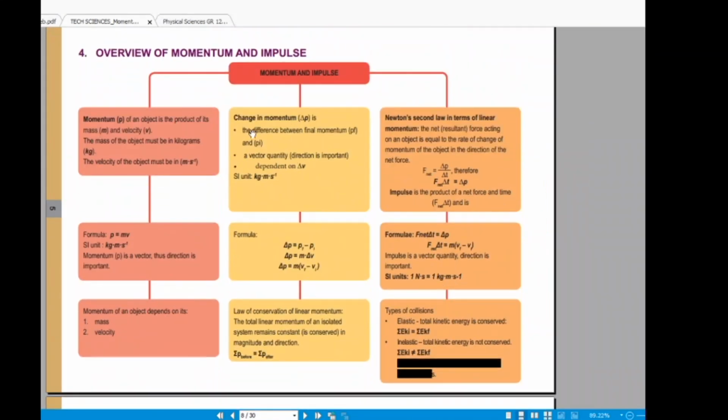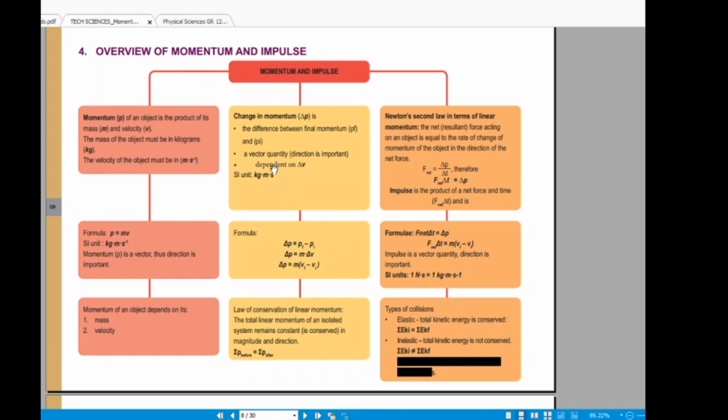okay, and then we also looked at change in momentum, which is indicated by delta p. So change in momentum is equal to the difference between the final momentum and the initial momentum. Change in momentum also depends on the change in velocity.